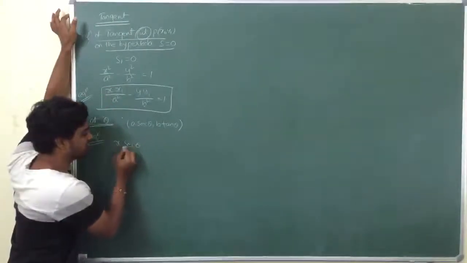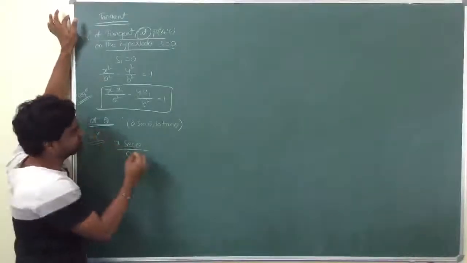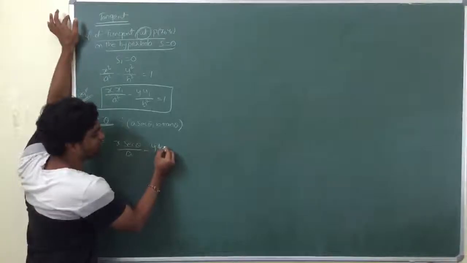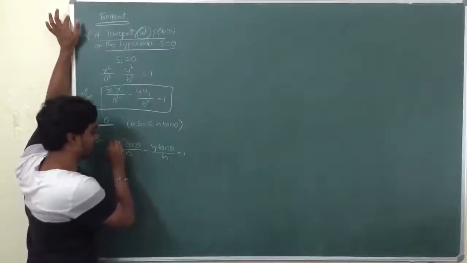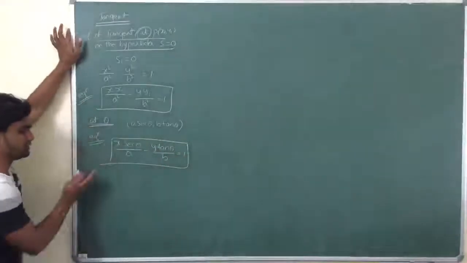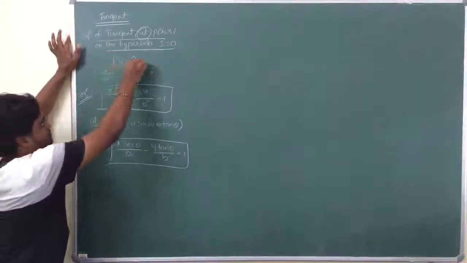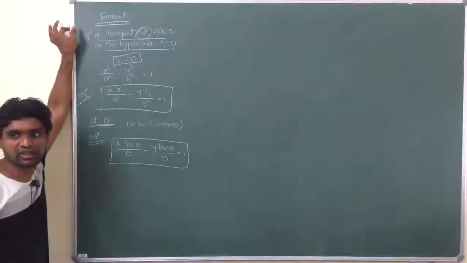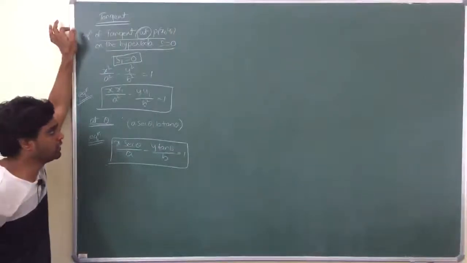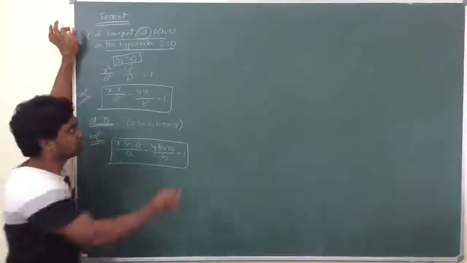So x secant theta by a minus y tan theta by b is equal to 1. That is the equation of tangent at a point, S1 is equal to 0.